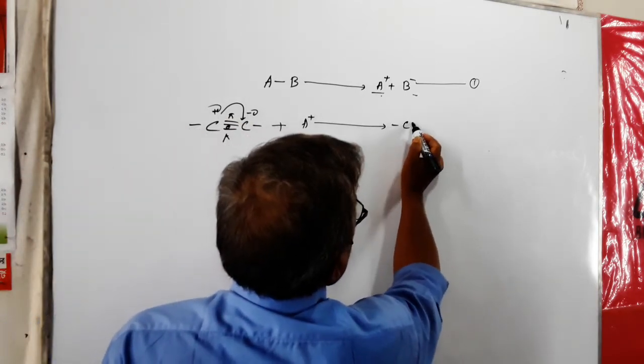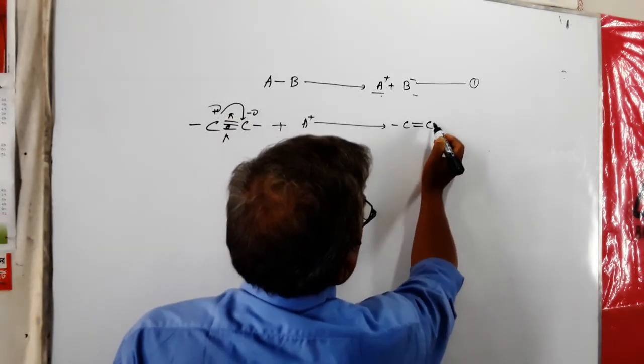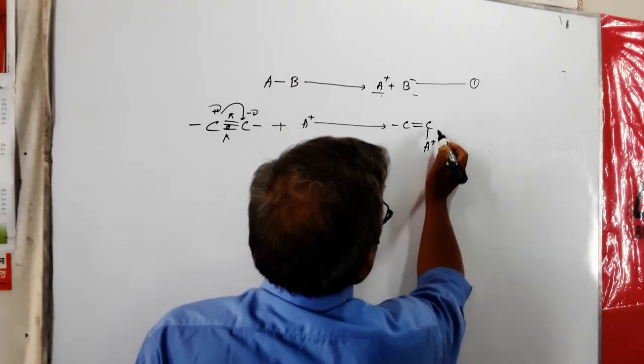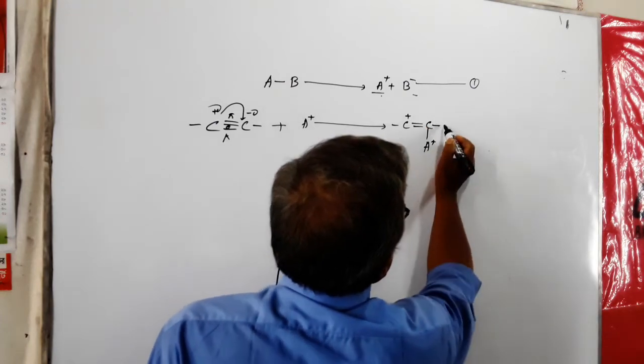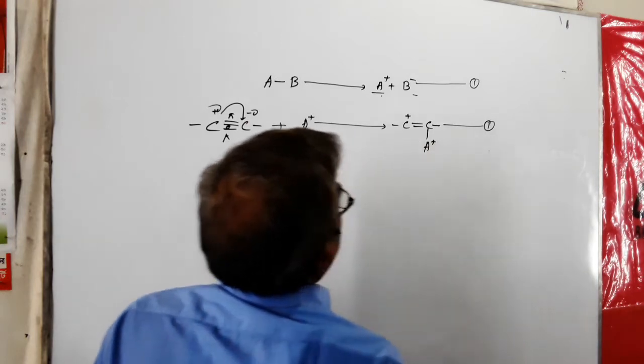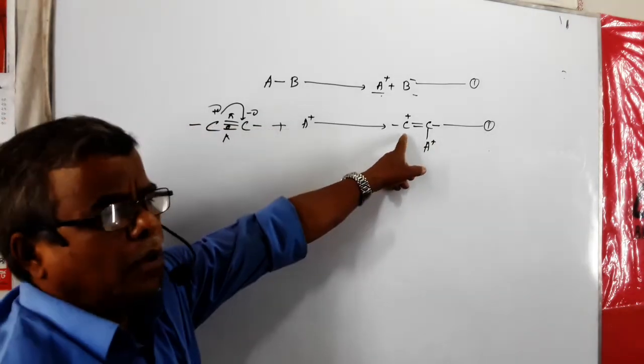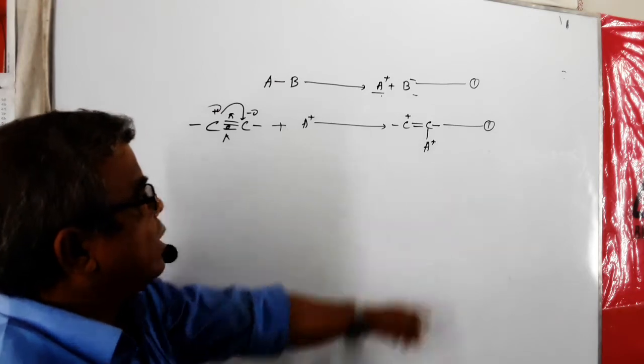Then carbon-carbon double bond, here A plus, and this is a carbonium ion. That is the first step: the reagent forms the carbonium ion, that is, a carbocation.